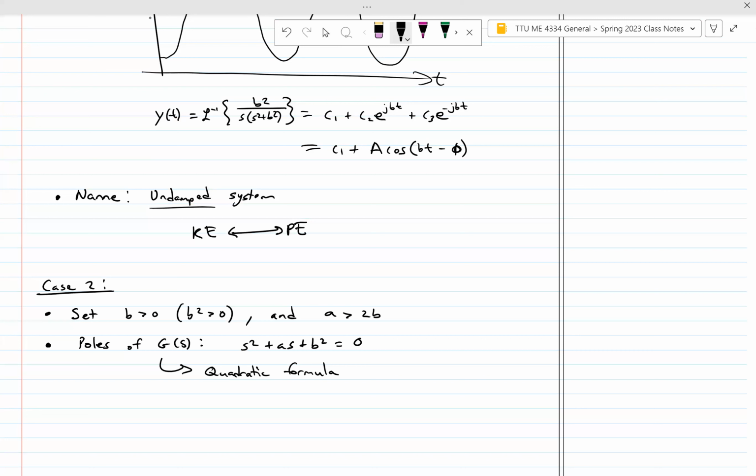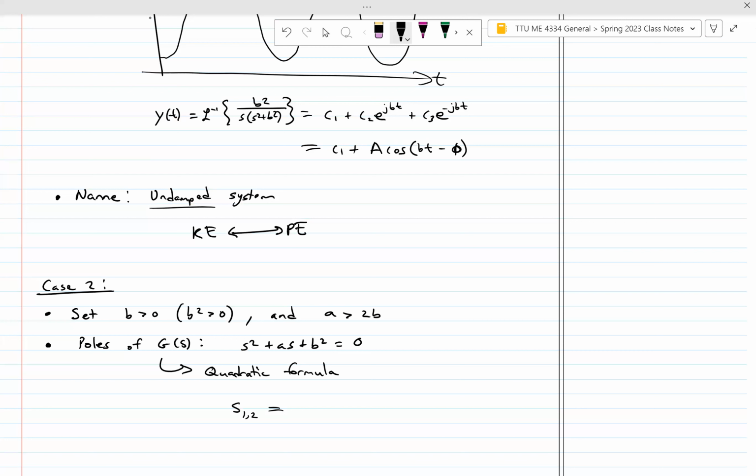Can't believe I'm teaching a senior college level class and need to review the quadratic formula. I'm going to hope that everyone here knows what it is. Tell me what the answer is. Give me my poles, guys.